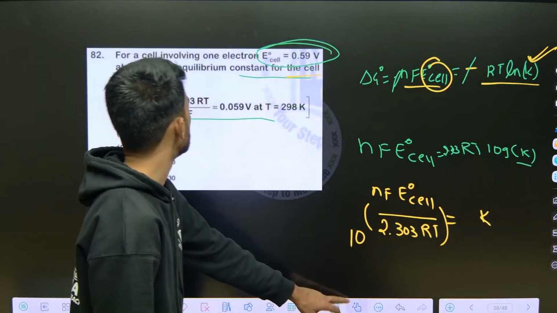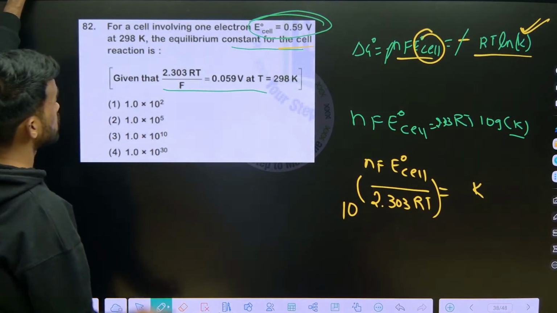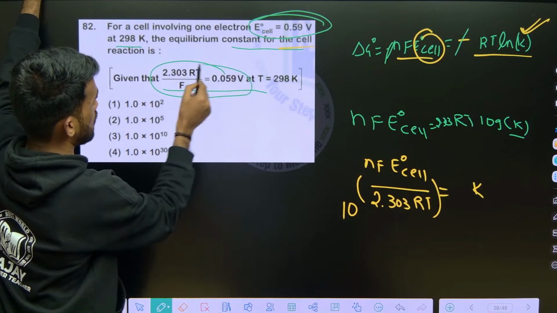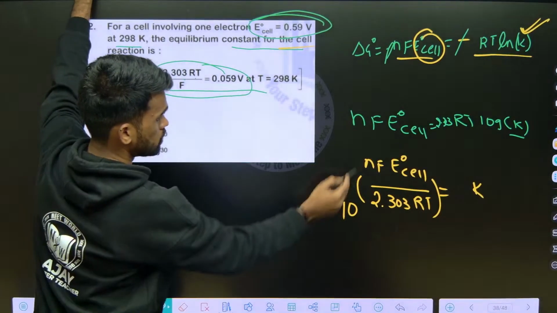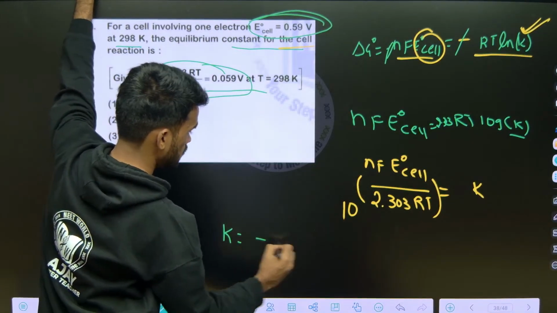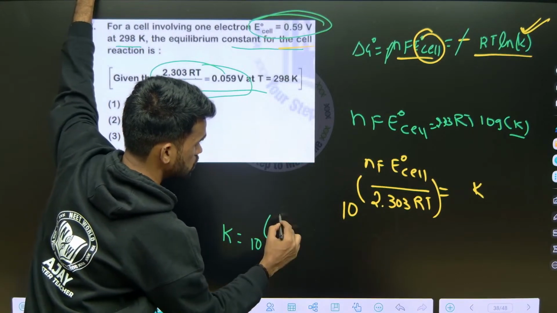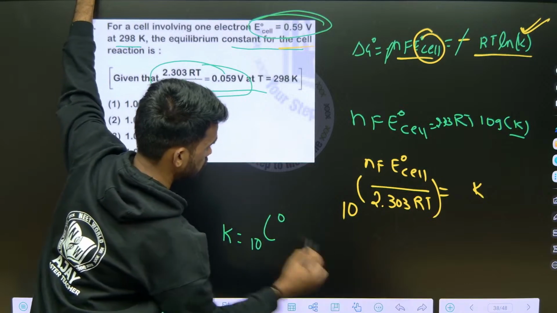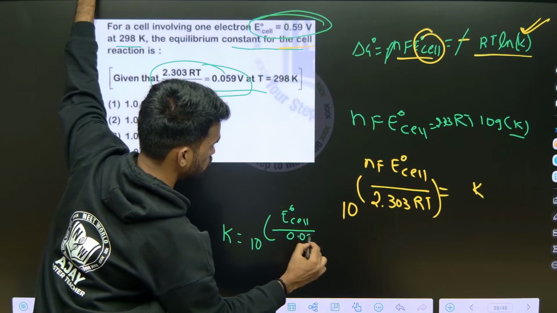Now look here. They mentioned 298 Kelvin, so this will be the value of 2.303 RT by F, which is 0.059. So K equals 10 to the power of 0.59 E0 cell divided by 0.059.